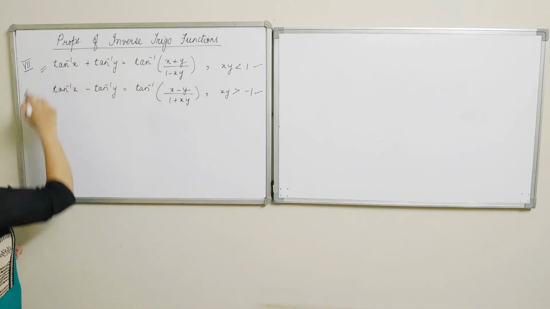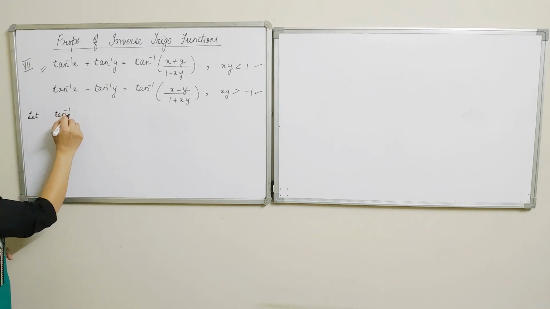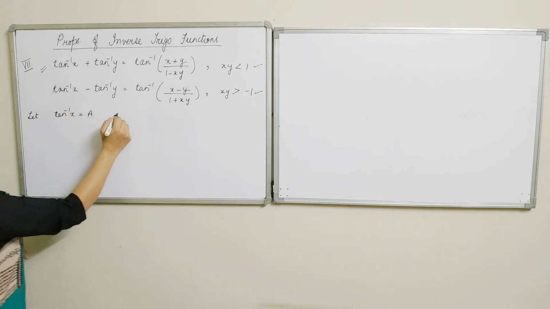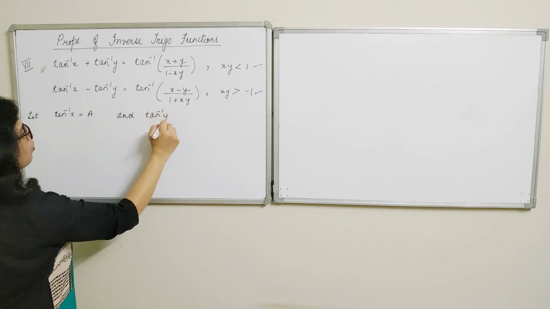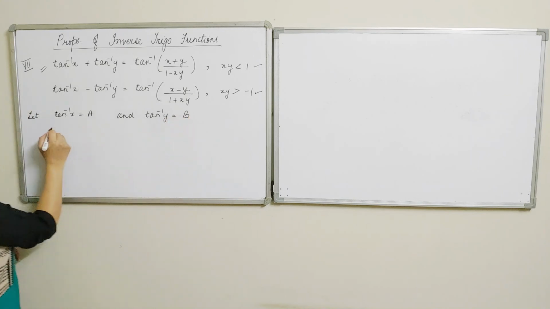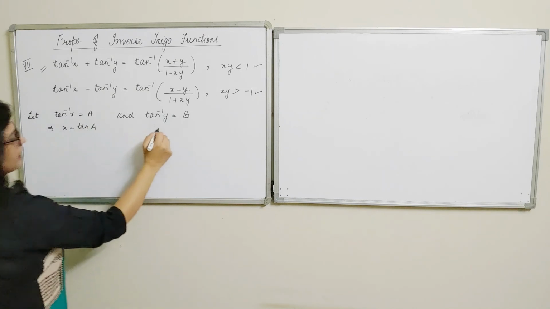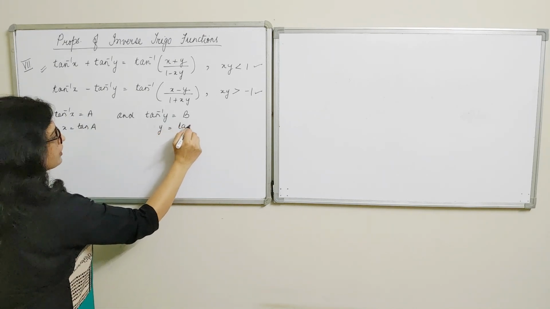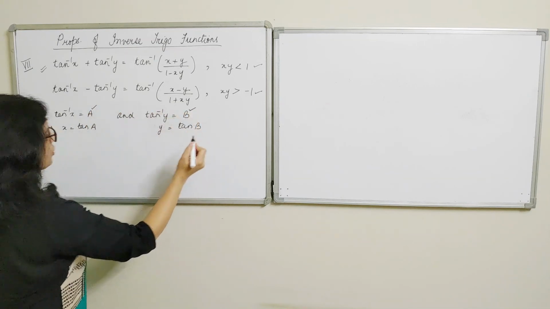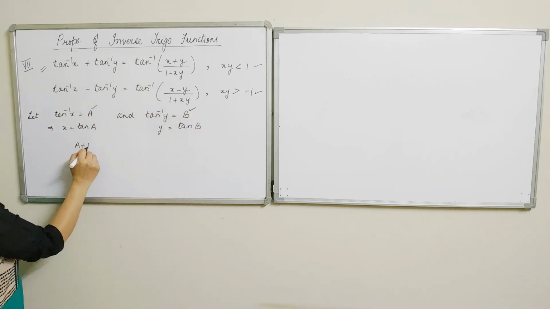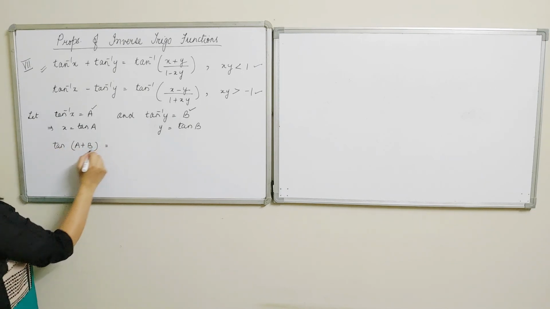So let us prove here, say the first result. Let us suppose that tan inverse x is A and tan inverse y is B, so that x can be written as tan A and y can be written as tan B. Since we have used substitutions A and B, let us add A and B and take the tan ratio of these.